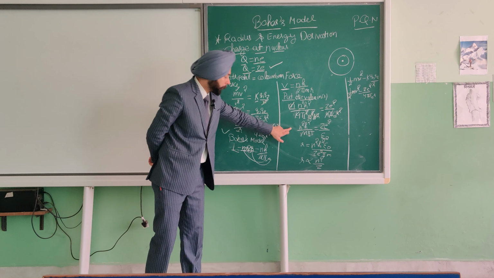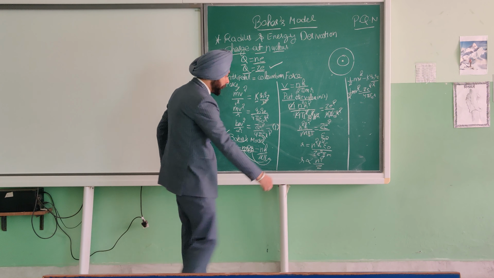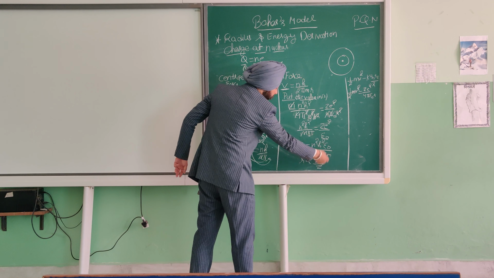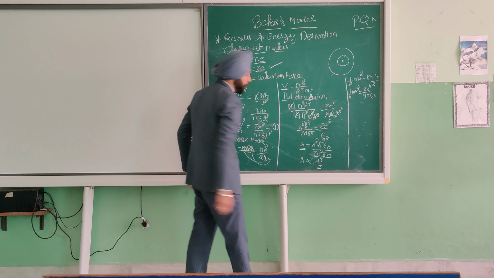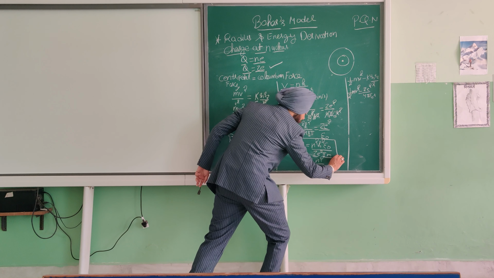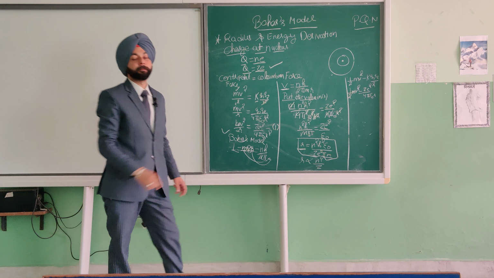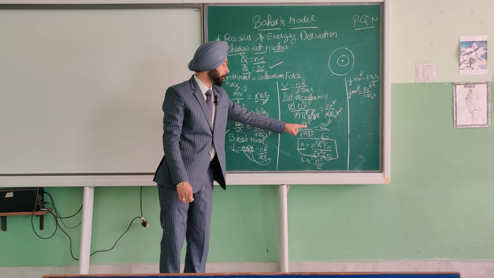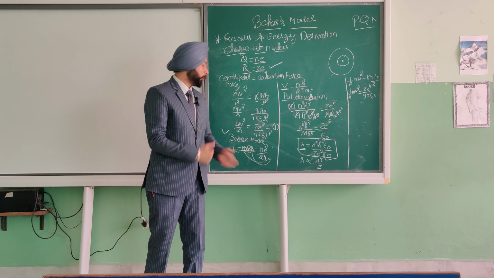Now from this we make r the subject. When we make r the subject, we get n square h square epsilon naught upon Ze square into pi m. This one is the formula to find the radius of an atom. R is equal to n square h square epsilon naught upon Ze square into pi m.